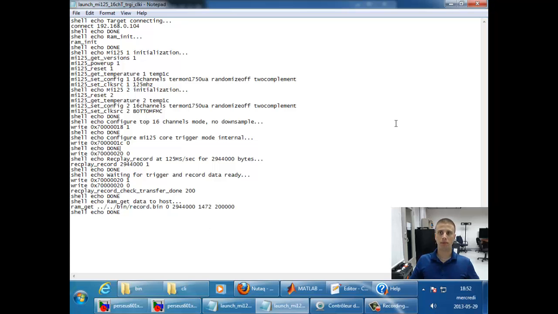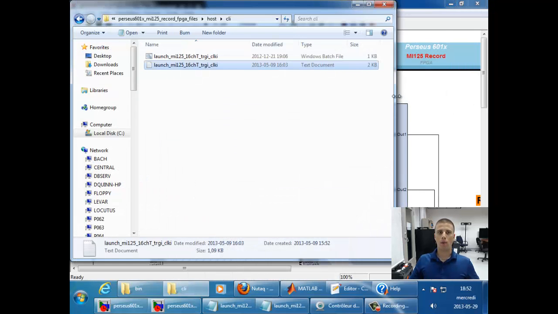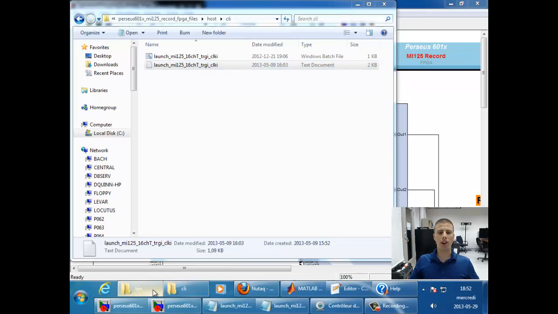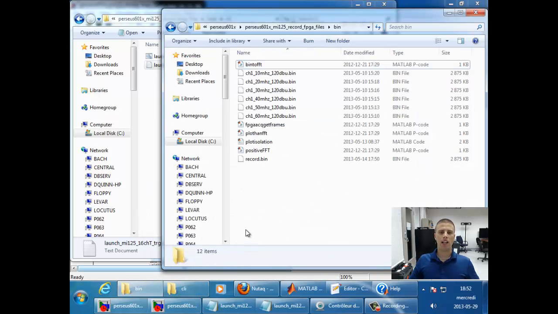record.bin. And what I have done is I have previously run the acquisition script, and I have hooked in a signal generator that I use to generate a pure sine wave that I'm going to inject into channel number 1 of the MI125 card.